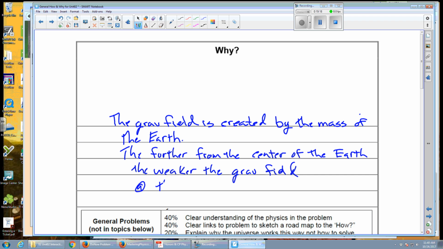At the surface of the Earth, little g is 9.81 newtons per kilogram. You're not allowed to put that in the equation.